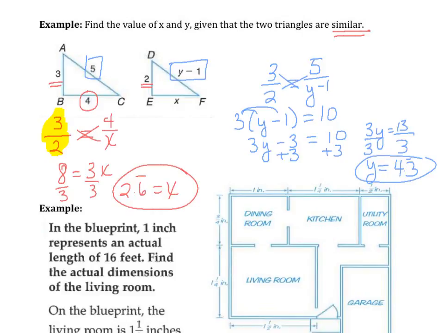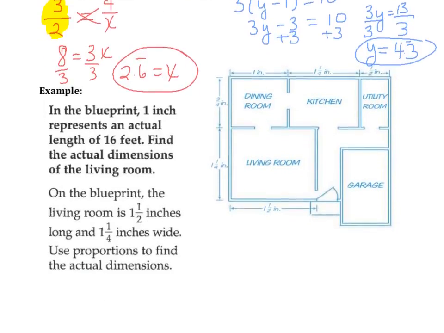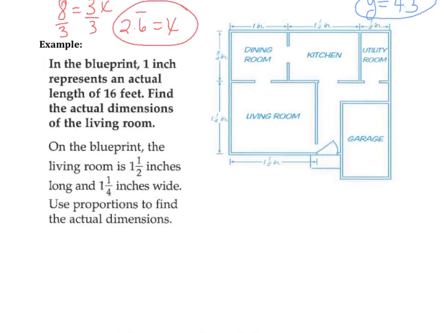It didn't ask for the lengths of the sides, so we're going to go ahead and move on then to this last example here. We've got this living room blueprint. I'm going to go ahead and read this. In the blueprint, 1 inch on the blueprint represents an actual length of 16 feet. And we're looking to find the dimensions of the living room.